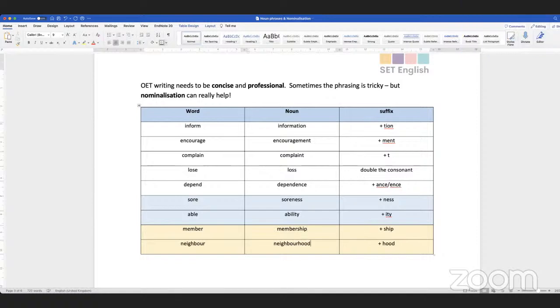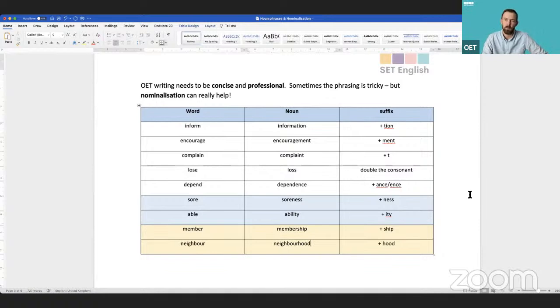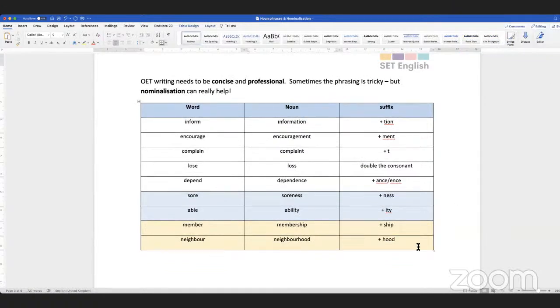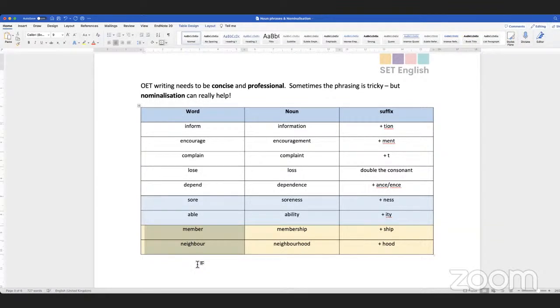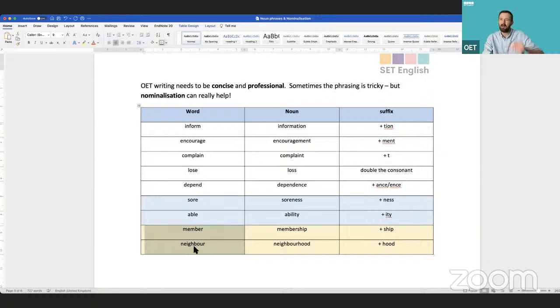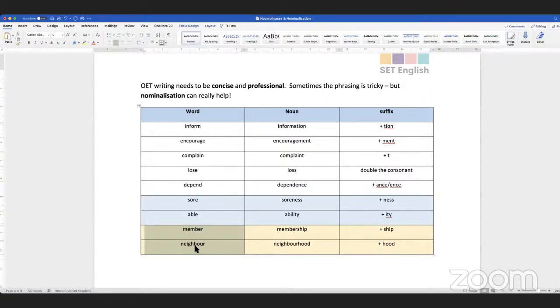What's your neighborhood like? Is it nice? Yeah, it's nice and very quiet. Quiet's good, isn't it? So is my neighborhood. Okay. What type of word are these then, Yaya? Nouns. They're nouns, aren't they?